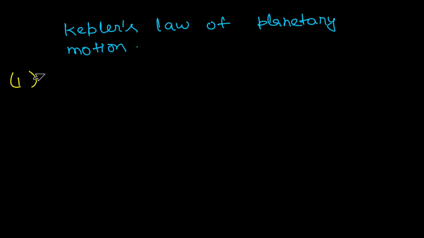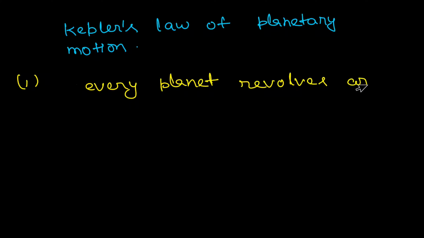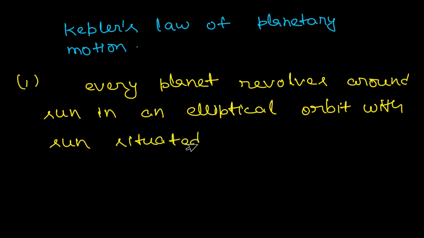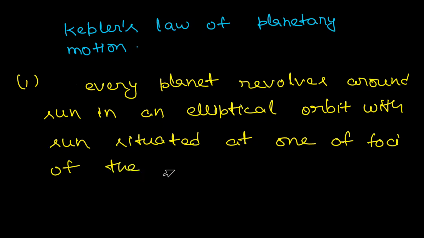Kepler gave three laws. According to the first law, every planet of the solar system revolves around the Sun in an elliptical orbit, with the Sun situated at one of the foci of the ellipse.